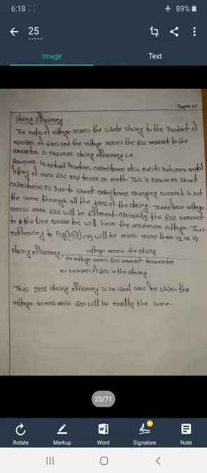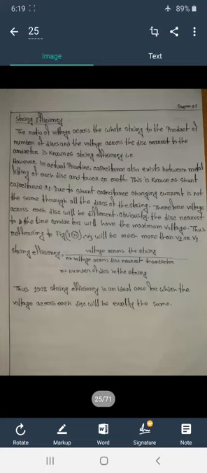Therefore, the voltage across each disc will be different. The disc closest to the line conductor will have the maximum voltage. Refer to figure 3.